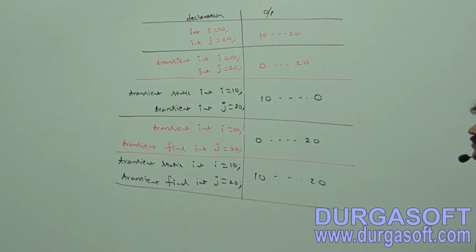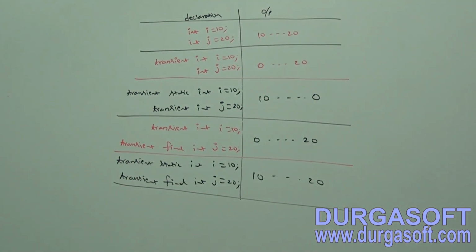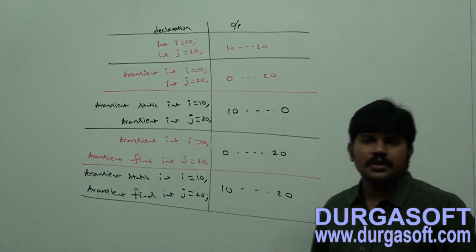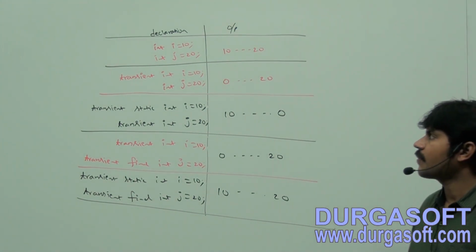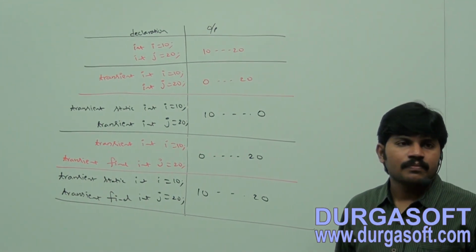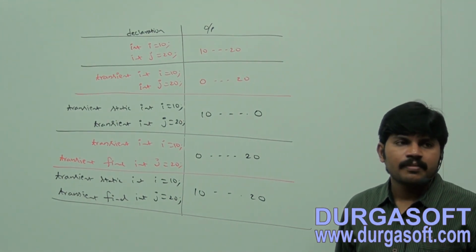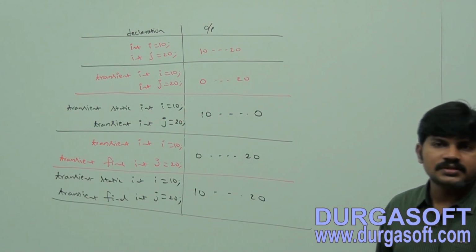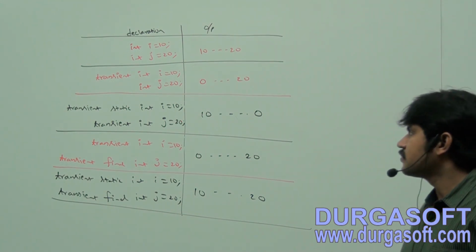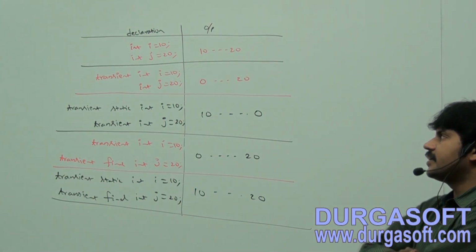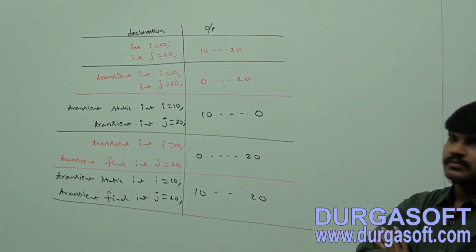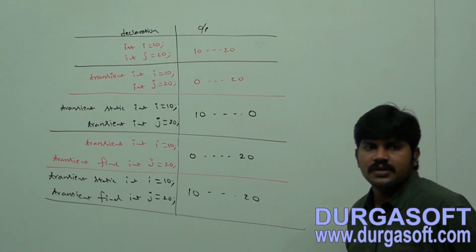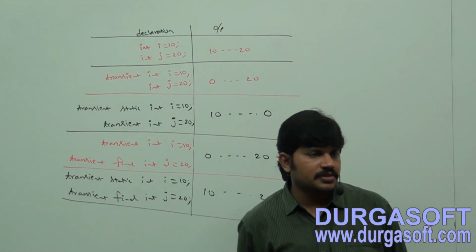Summary, whatever examples we covered: the declaration and the corresponding output. int i is equal to 10, int j is equal to 20, then transient int i, then int j.